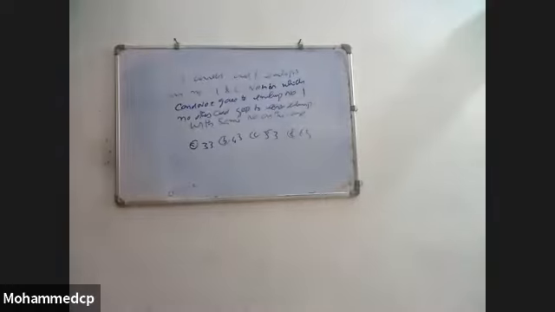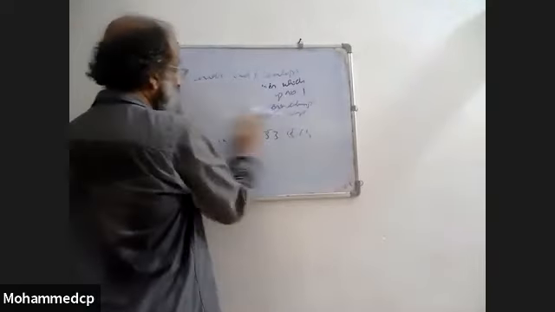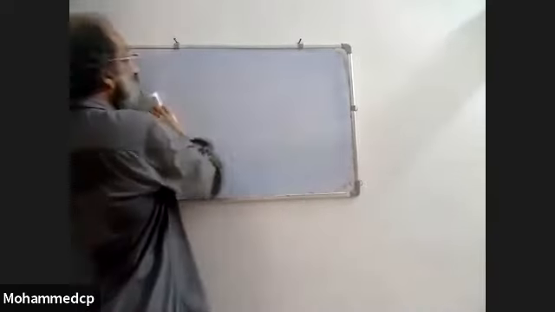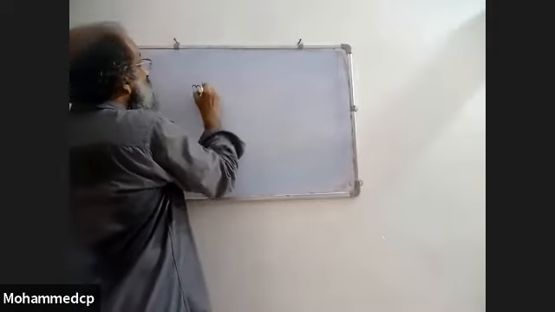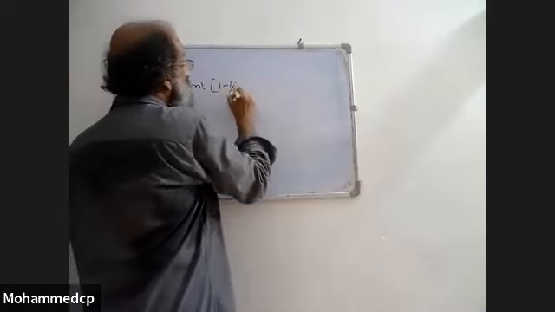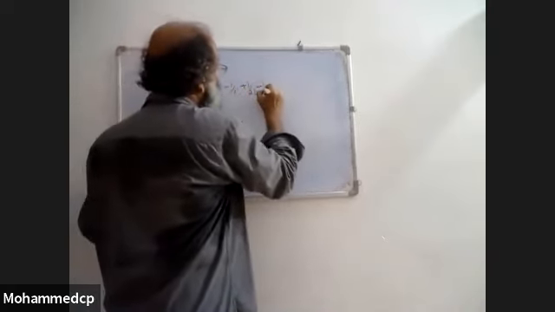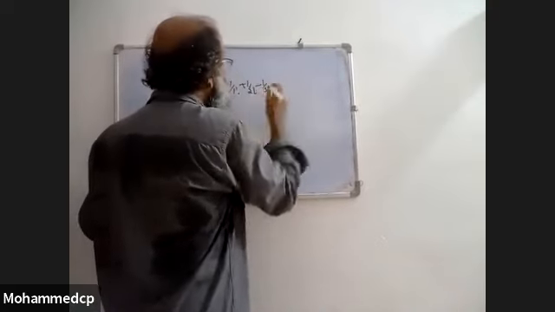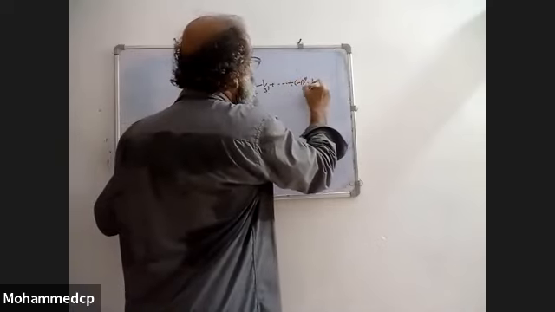Then the number of ways in which no letter goes to its own envelope: if there are n envelopes, the formula is n factorial into 1 minus 1 by 1 factorial plus 1 by 2 factorial minus 1 by 3 factorial plus and so on, minus 1 all raised to n into 1 by n factorial.